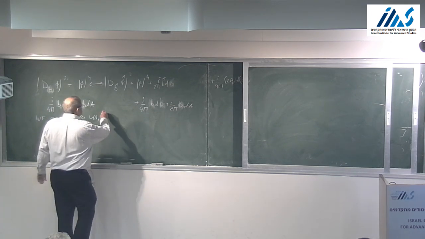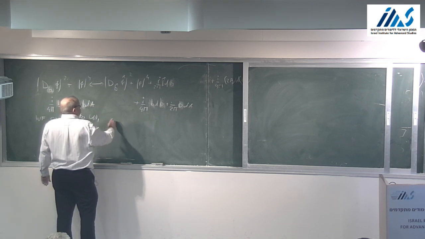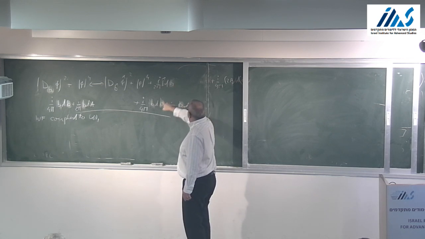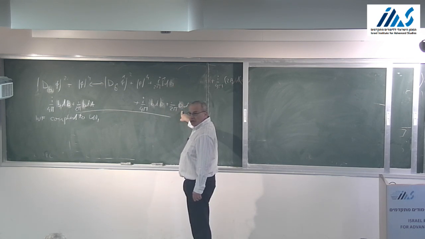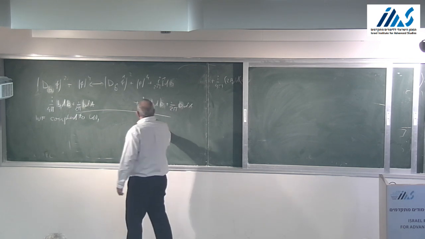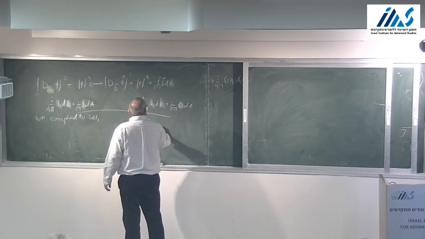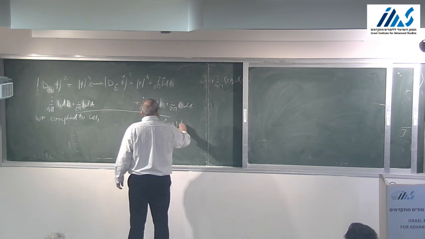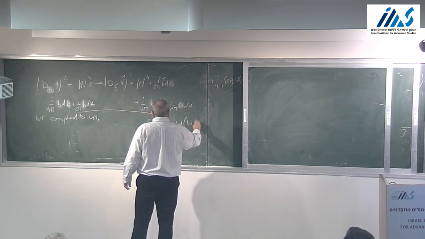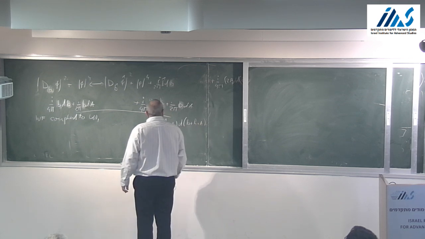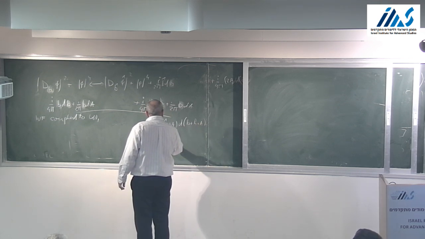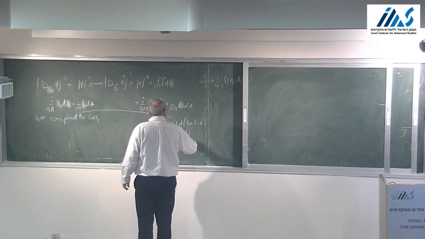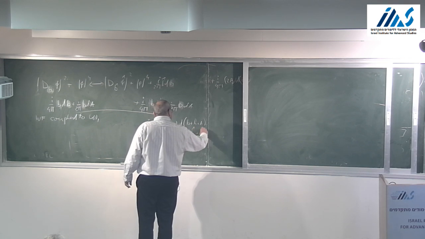What do we have on the right-hand side? On the right-hand side, the b appears only here and here and here. So I can complete the square. So I can write it as i over 4 pi (b plus b hat plus A) d (b plus b hat plus A) minus i over 4 pi (b hat plus A) d (b hat plus A).